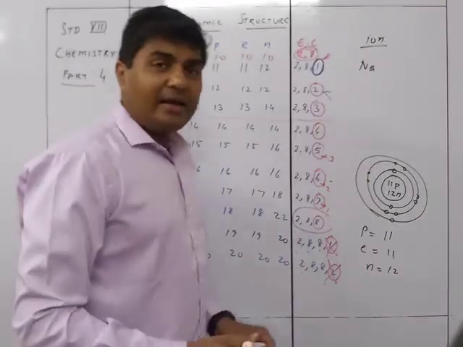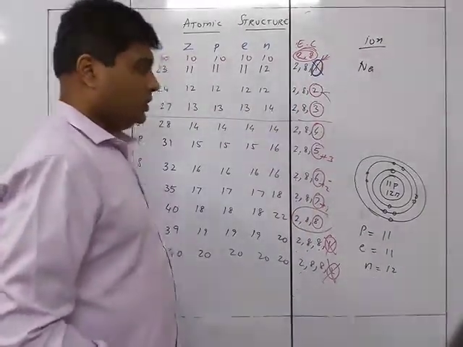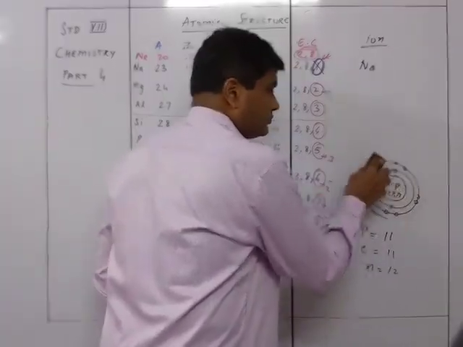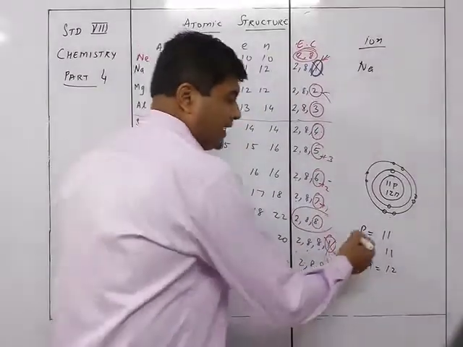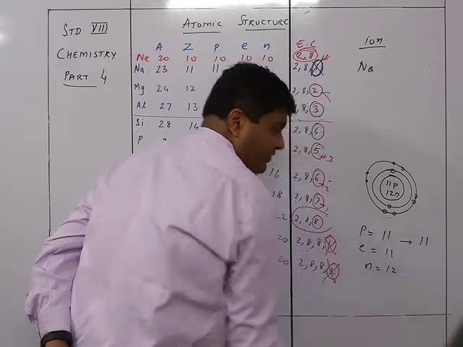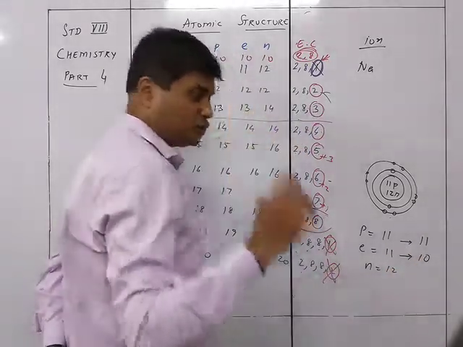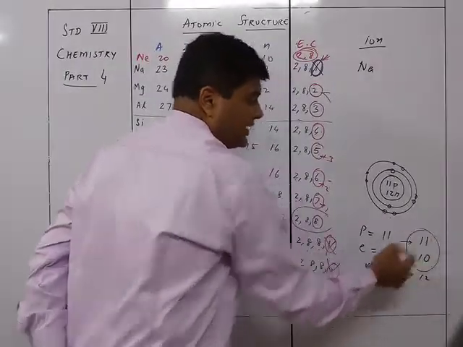Now it is seen that it is going to lose its electron. So it is going to lose this electron. If it loses its electron, what will happen? The number of protons still remains 11. The electrons have now become 10 because it has lost 1. And the neutrons remain 12. So in this condition, what has happened?